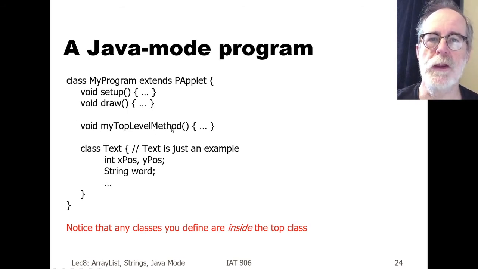And then you can create your own top-level methods, and you can also create classes and subclasses within the PApplet definition. So, class Text, xpos, ypos, string word, and all the stuff that goes on with the Text class that you want to create. So all of these things, classes that you define, subclasses, are defined within this subclass that you've defined that derives from PApplet.